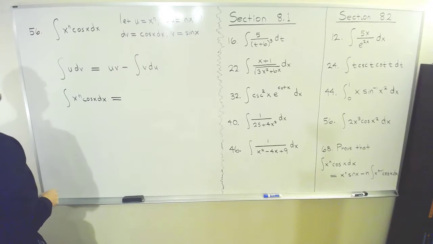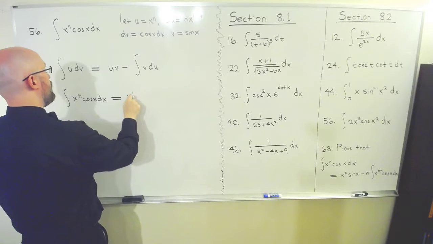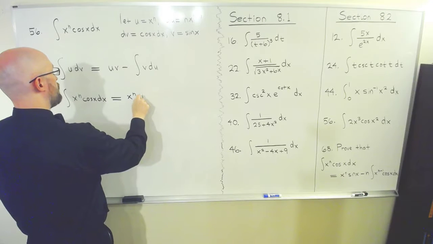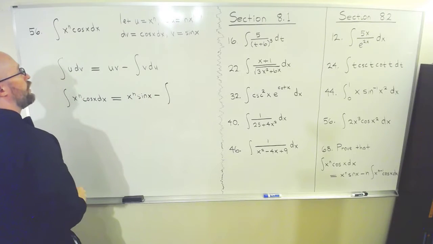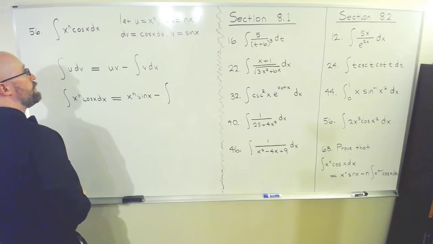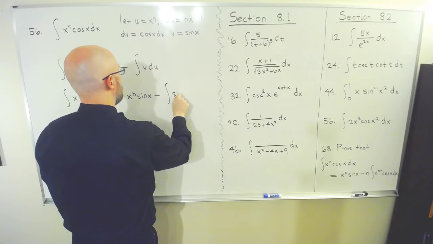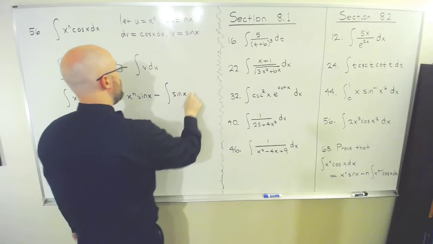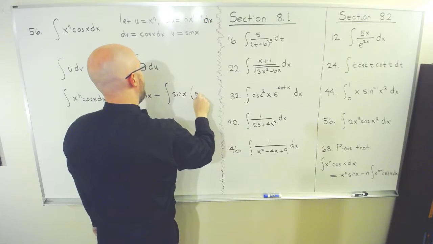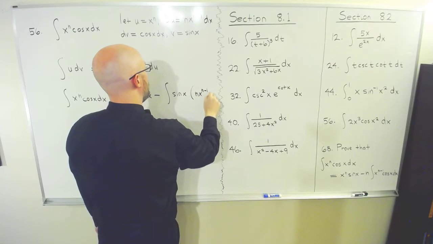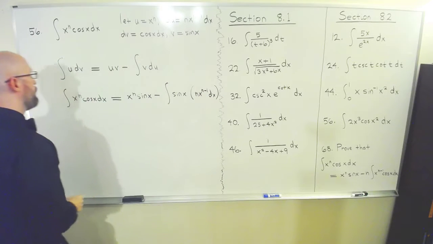This is equal to uv, this is x to the n, v is sine x, minus the integral of v du. What was v? This was sine x. du is just, I forgot my dx here, sorry, n x to the n minus 1 dx.